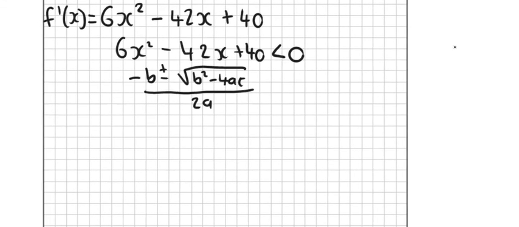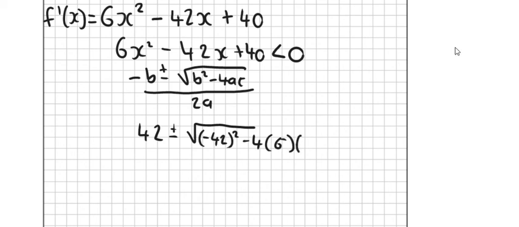So minus b, so we're going to have 42 plus or minus root of minus 42 squared minus 4 times by what a is. So a is 6 times c is 40.